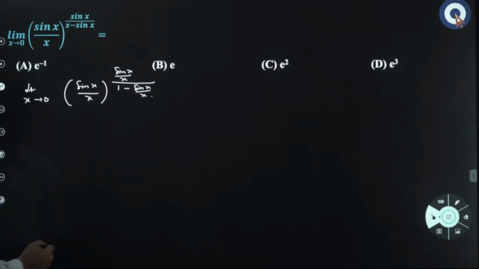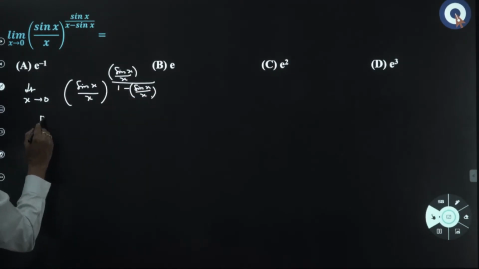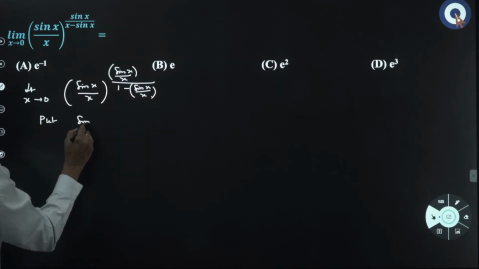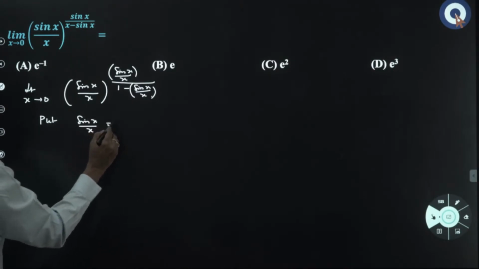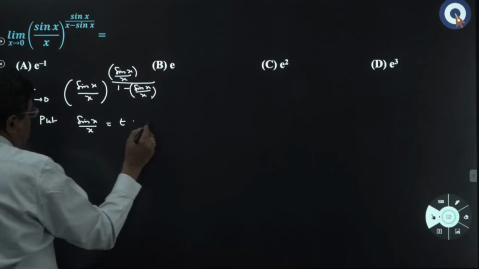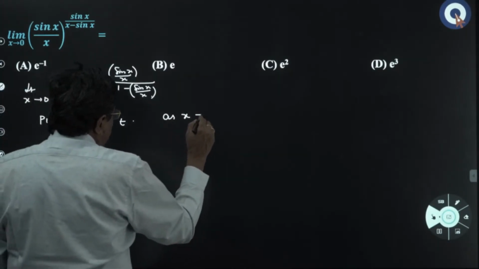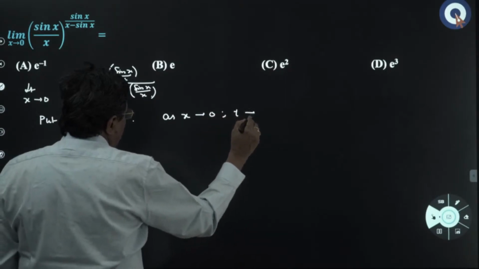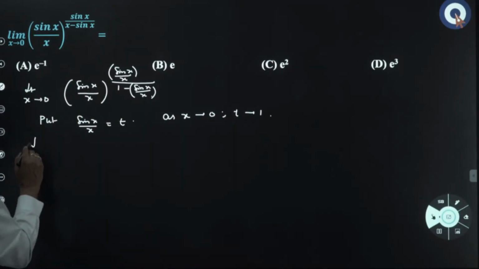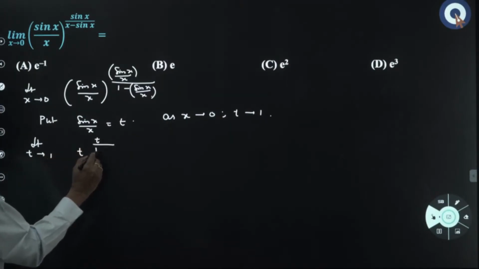Okay, so this is how we shall write it, and now for convenience we will put sin x / x equal to, let us say, t. So as x tends to 0, t goes to 1, so the limit as t tends to 1 of t / (1 − t).